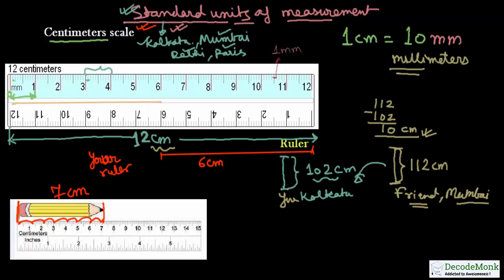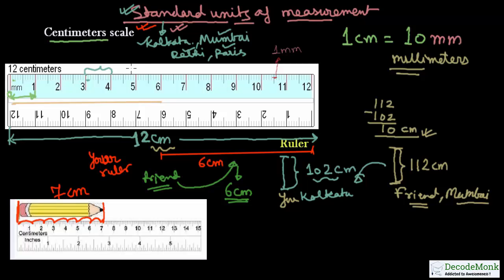Now you ask your friend to bring his ruler and measure. You ask your friend to bring the ruler from his pencil box and measure the same line with that particular ruler, and you will be surprised to see that this straight line which you have drawn with your ruler comes out to be of length 6 centimeter with the ruler of your friend.